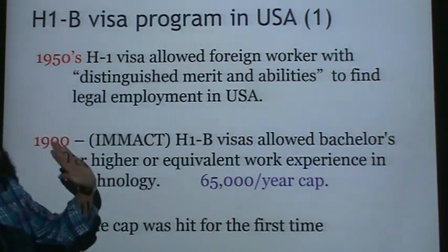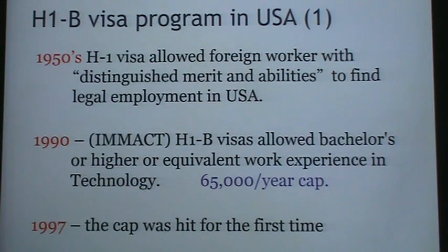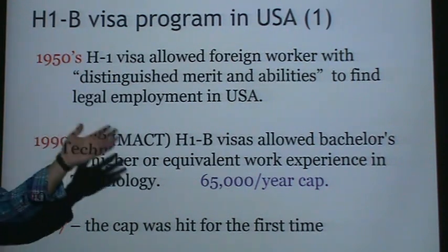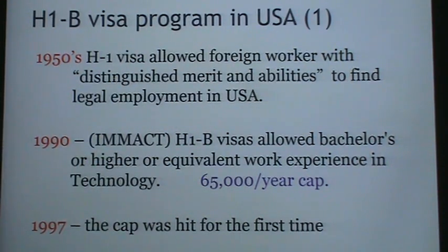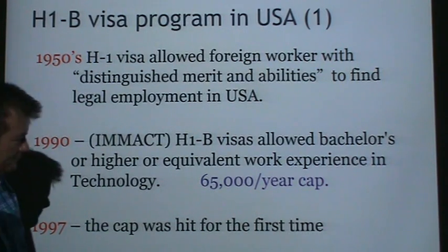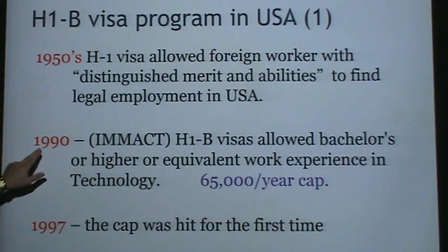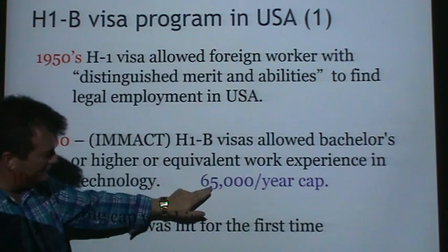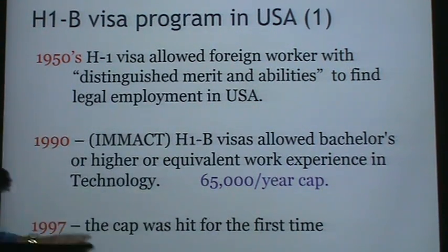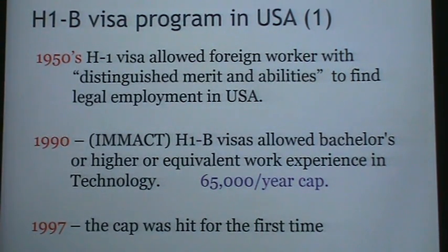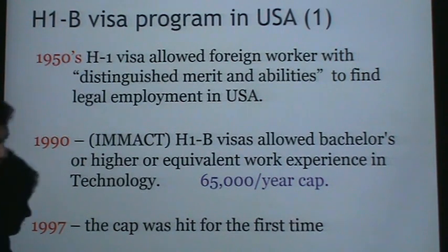So this would be in addition to the number of visas that were, you know, besides just regular visas. This H-1B was the new one that started in 1990. So it never quite hit the 65,000 cap on any given year until 1997. And that was the first time the cap was hit.